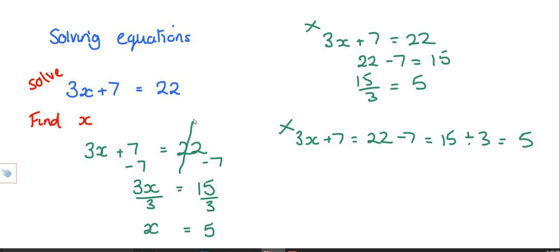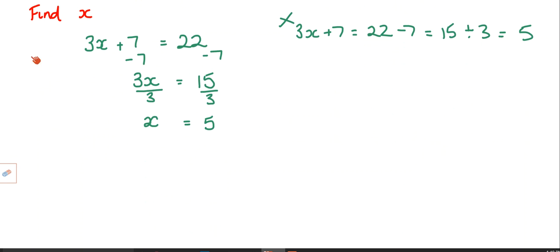For instance, an alternative would be to say, well, 3x plus 7 is 22. Some people then, instead of writing it underneath, do 3x plus 7 minus 7 equals 22 minus 7.